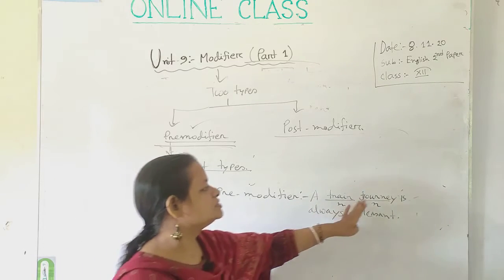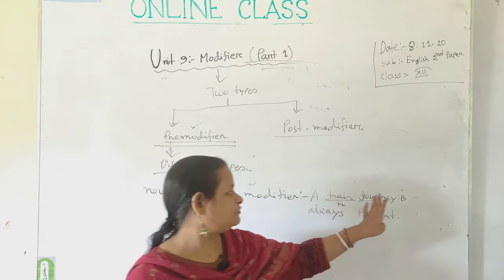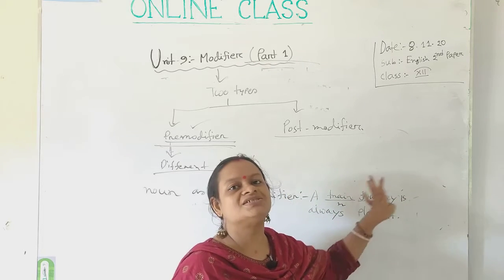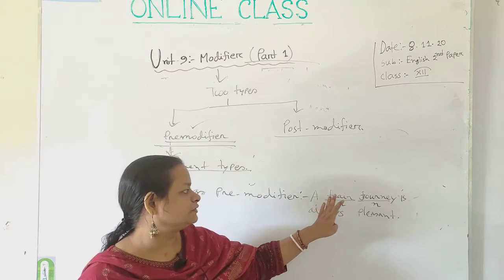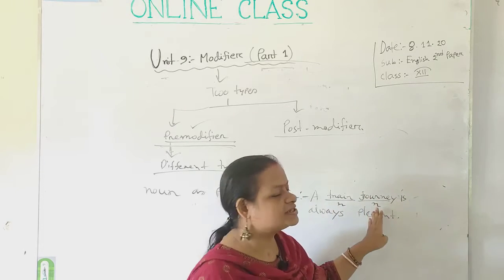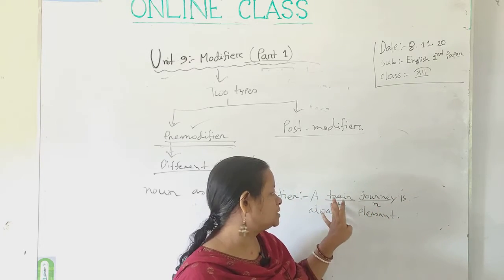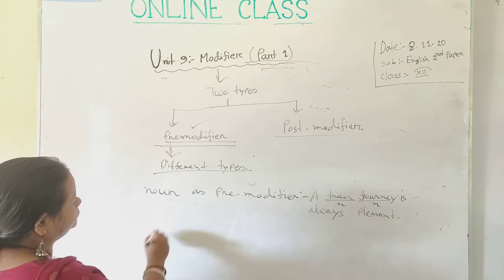The two nouns sit side by side, and the first noun modifies the second noun. Which journey? Train journey. So the first noun is called a noun pre-modifier, noun modifier.